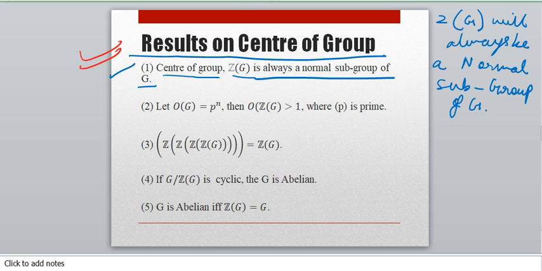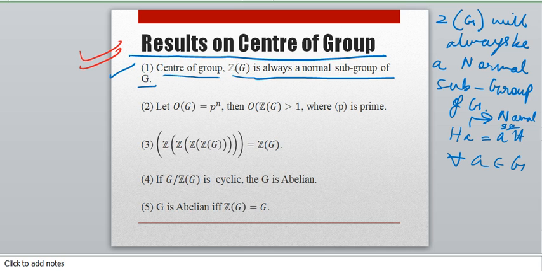Now, what is the normal subgroup? Of course you know that Ha is equal to aH for all a belonging to G. So you know that is the definition of a normal subgroup.